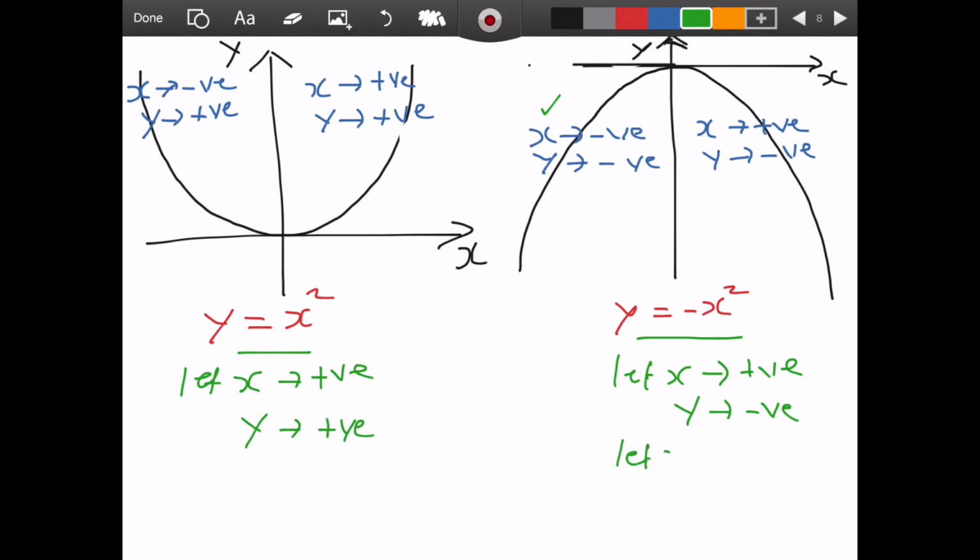And when we let x to be a negative number, what is y? If we put in a minus 1 squared, what do we get? Minus, inside here will be 1, right? So minus 1, it's a negative number. So when x is negative, y is also a negative number.